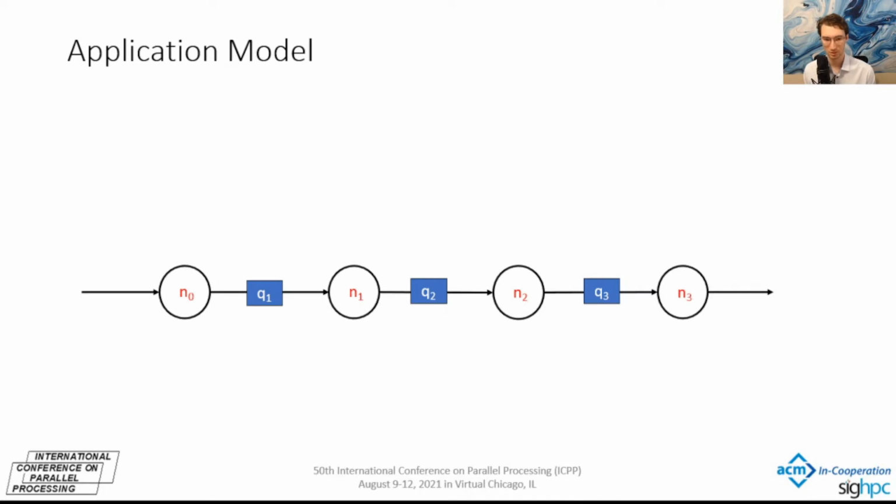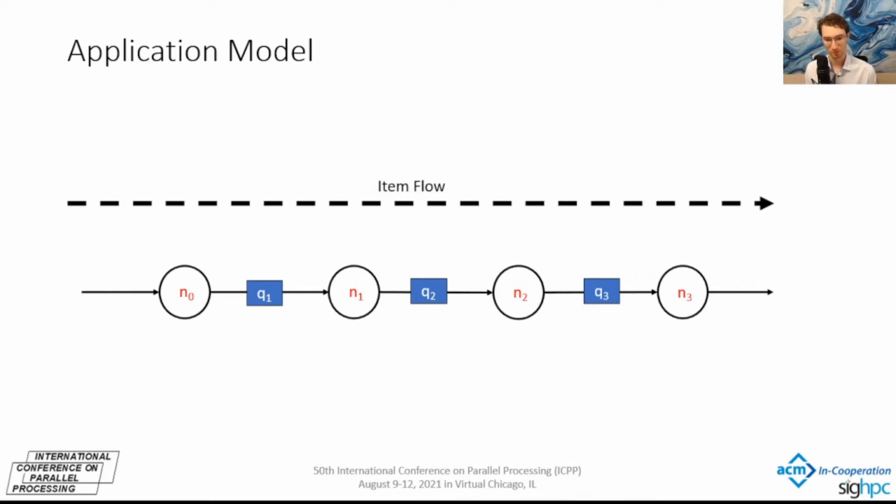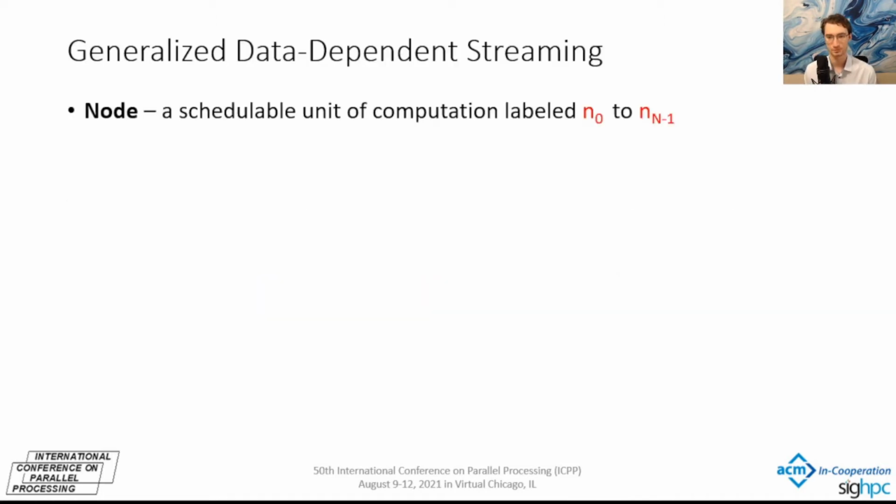The application model that is used to do this filtering, processing, and notification for a gamma ray burst telescope is one whereby many computational nodes are connected in series with queues, where items are transformed or dropped based on certain parameters. Items flow from low-ordered nodes to high-ordered nodes and are transformed along the way.